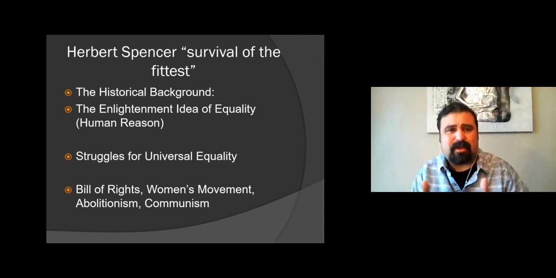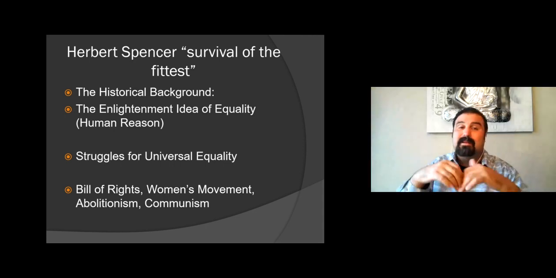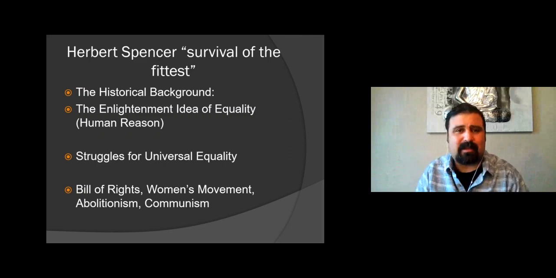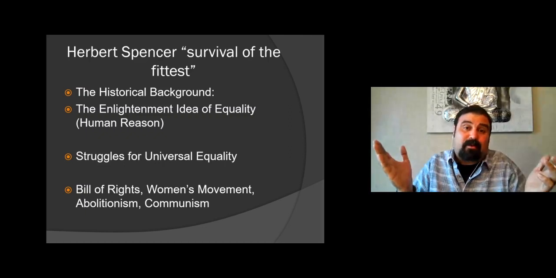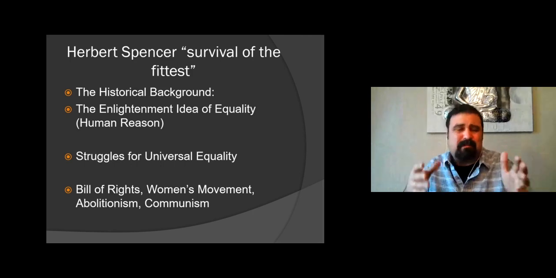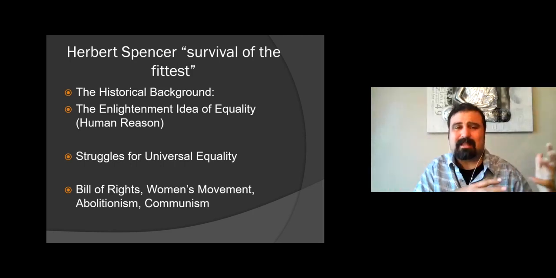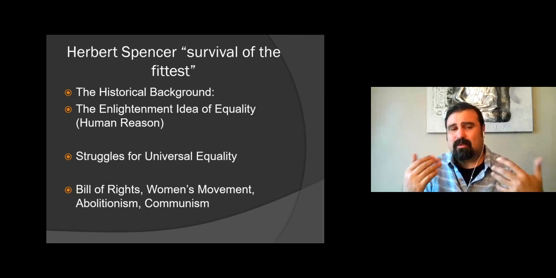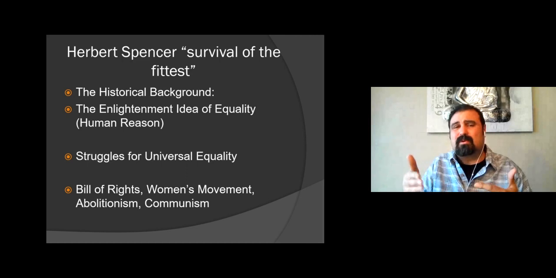Some of the things that we see, for example, in the American Revolution, in the Declaration of Independence, is the idea, in the opening statement, that all men are created equal. Of course, the wording "men" suggested human beings, because people at that time, whenever they talked about humans, more often than not used the word man.